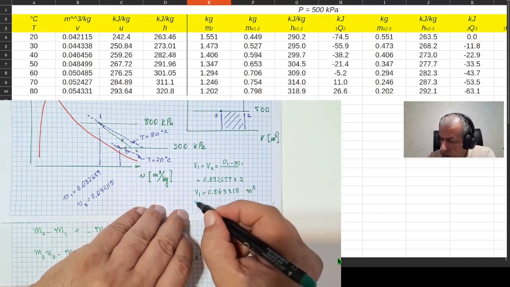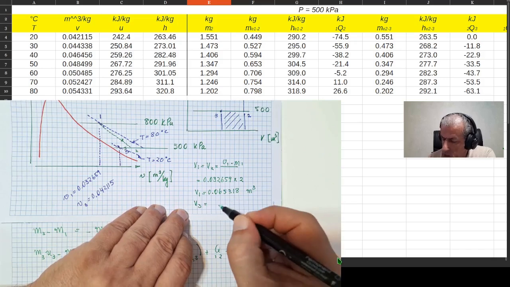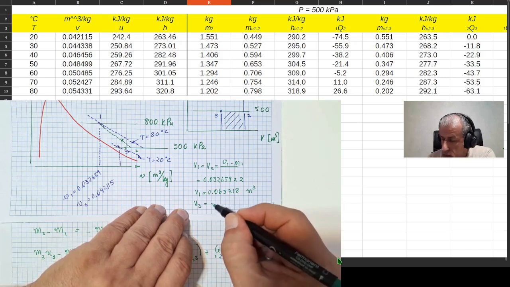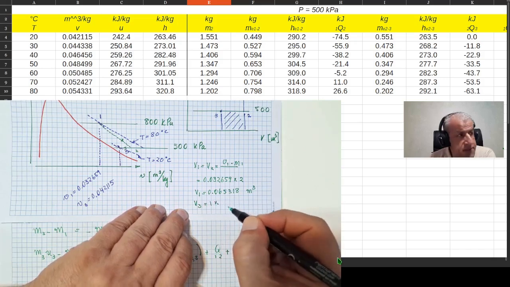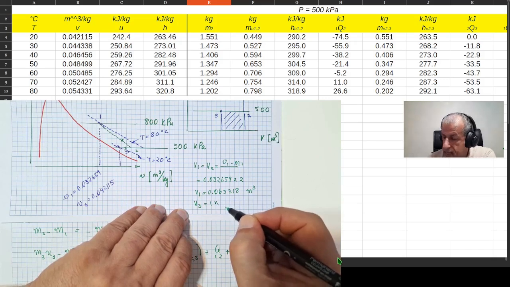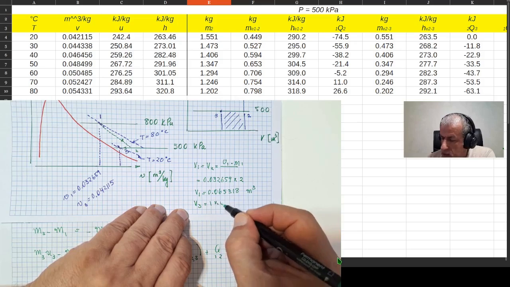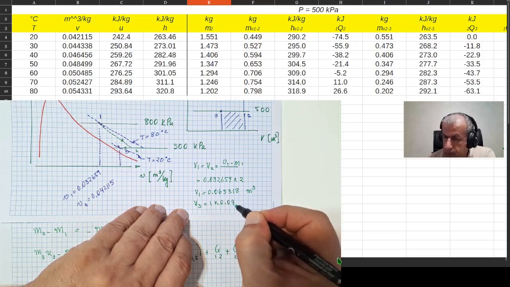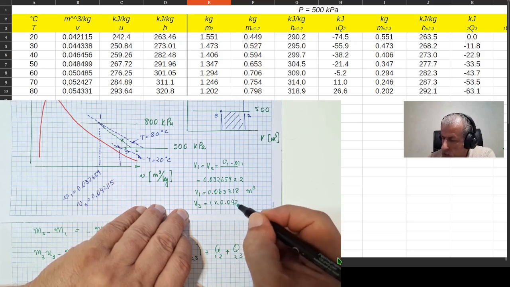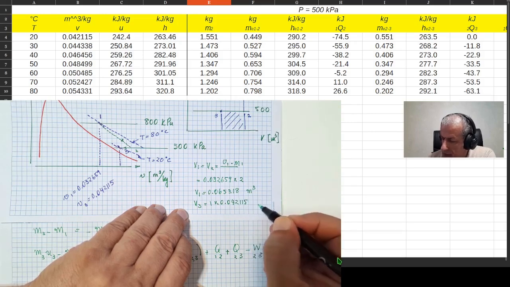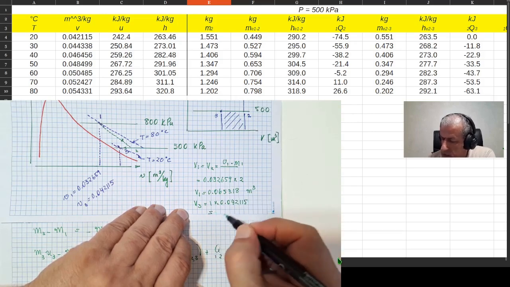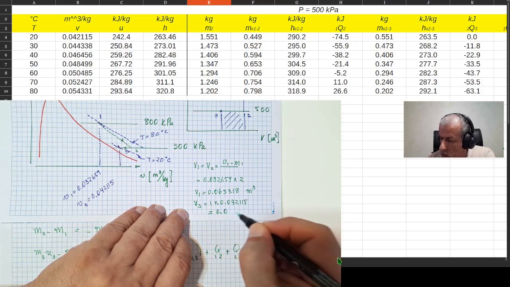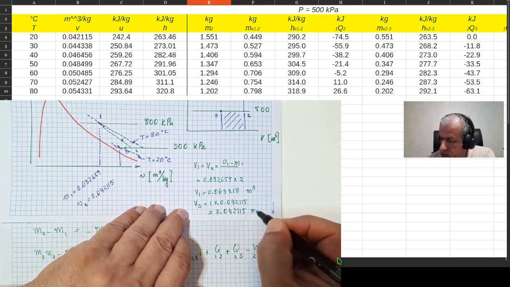And V3 would equal 1 kilogram times its specific volume, which was 0.04215, and therefore V3 was 0.042115 cubic meters.